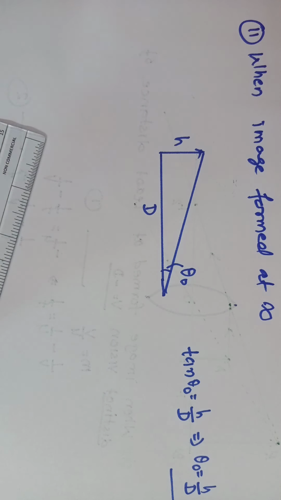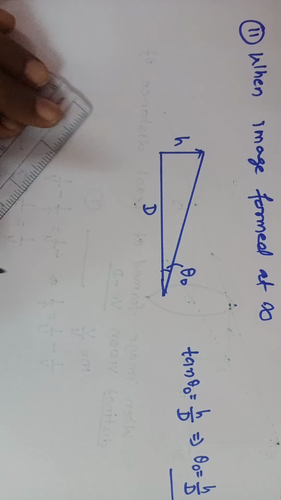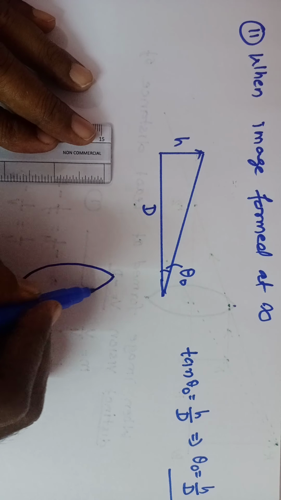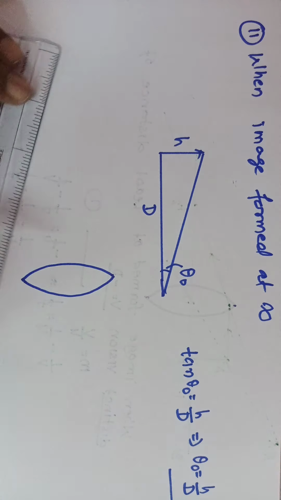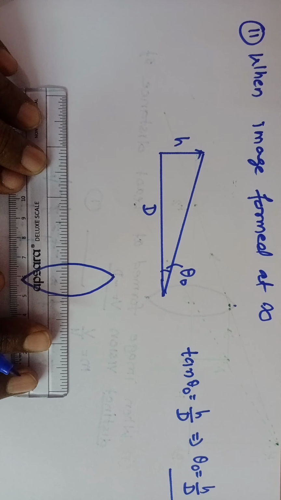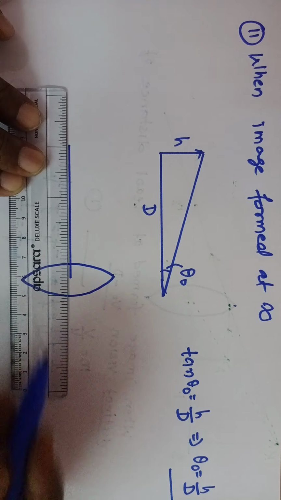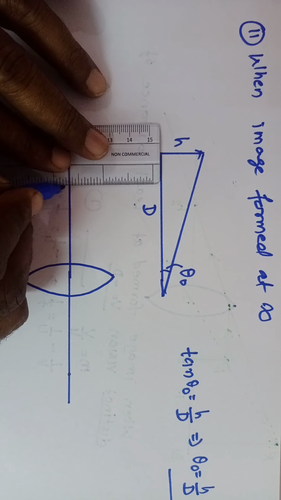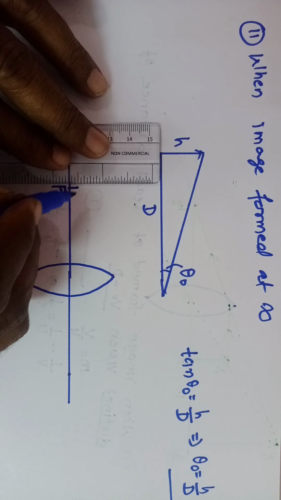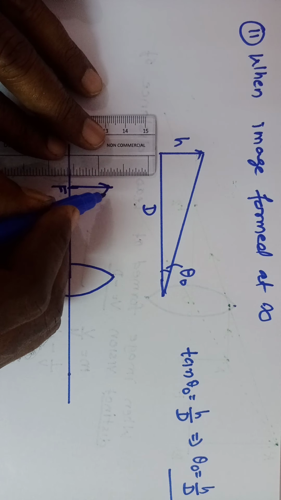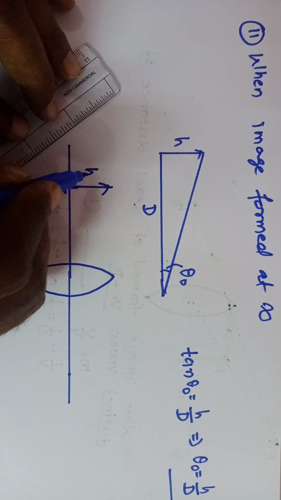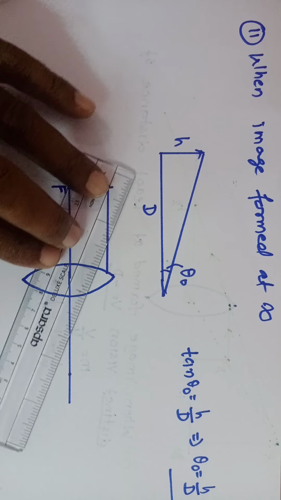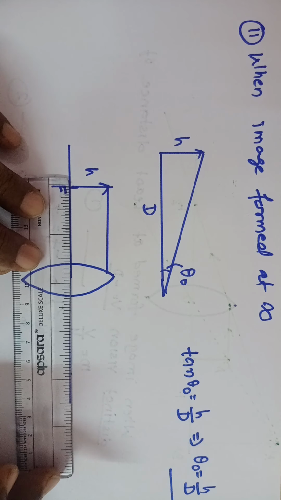Now in this case, the ray diagram will be like this. The object is placed here, this is convex lens, and we have the principal axis like this, which will pass through the O, and this is F. So an object is placed here, so this is the height of object. The ray will go parallel to the principal axis and it will pass through the focus. How much is focus? This much.